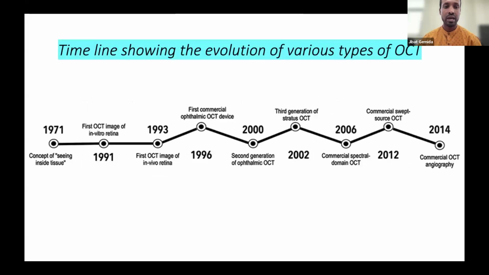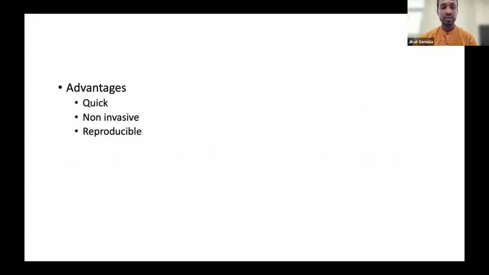In the timeline showing the evolution of various types of OCT, the concept started in 1971, but the first OCT image was captured in 1991. It was an in vitro retina image. Then in 1996, the first commercial ophthalmic OCT device came to the market. Lastly, in 2014, OCT angiography was invented.